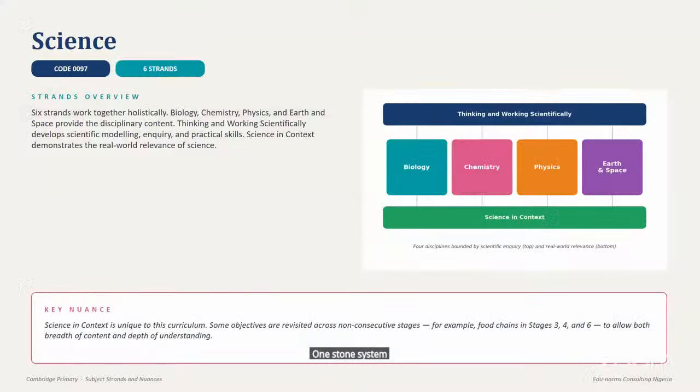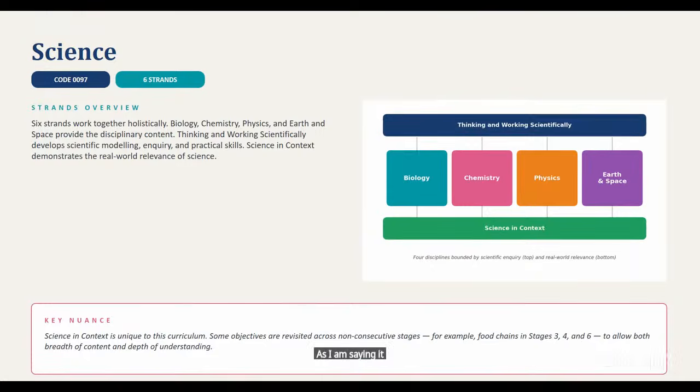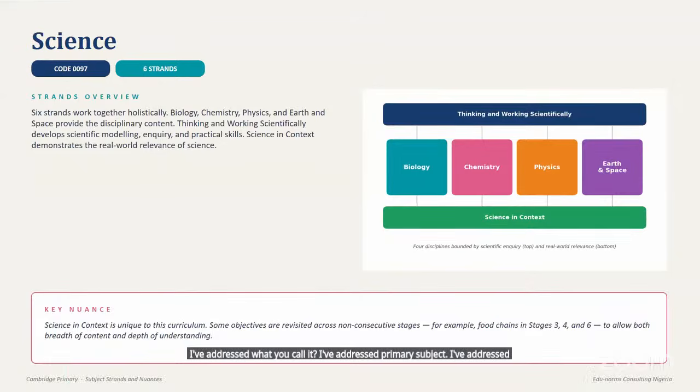Let me pick up another document so you can be seeing it as I am saying it. Okay, good. I've captured primary. I've addressed primary subjects. I've addressed lower secondary subjects.